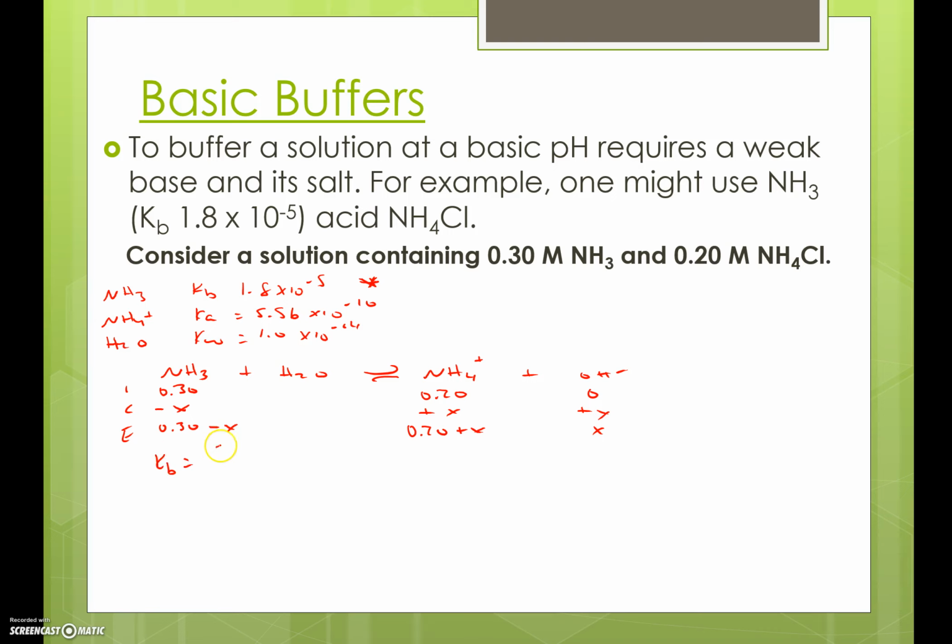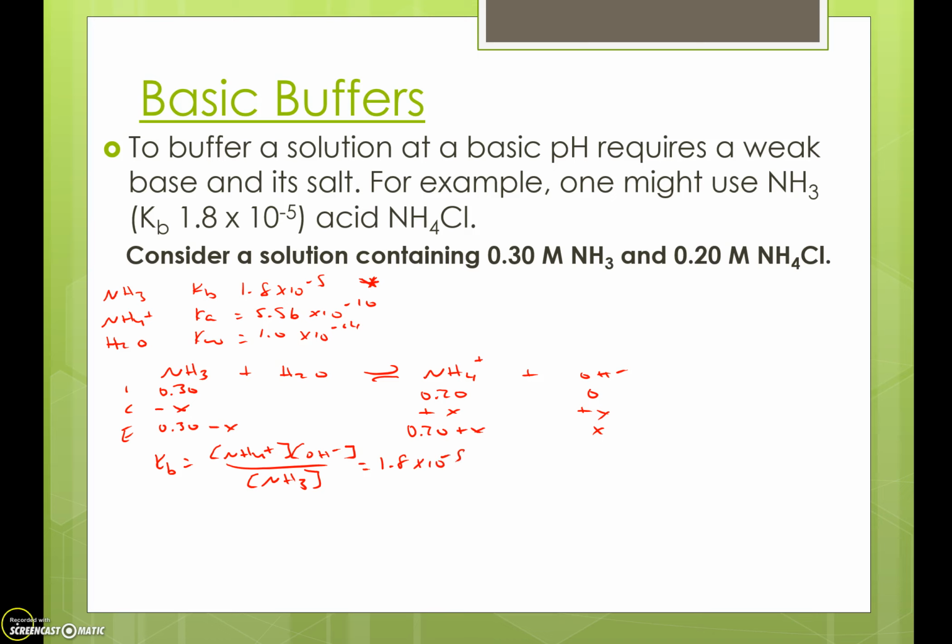So Kb is the concentration of ammonium times the concentration of hydroxide over the concentration of ammonia, and that equals 1.8 times 10 to the minus 5.